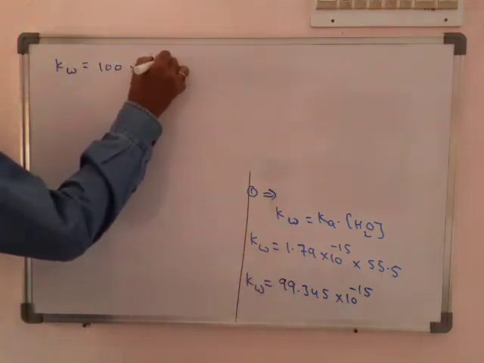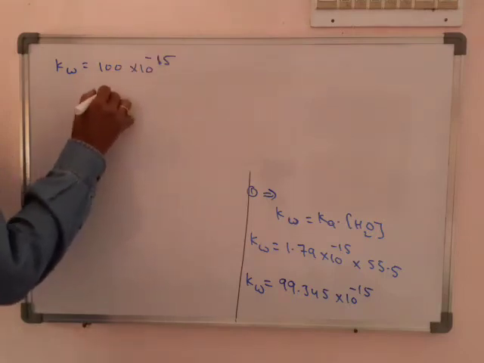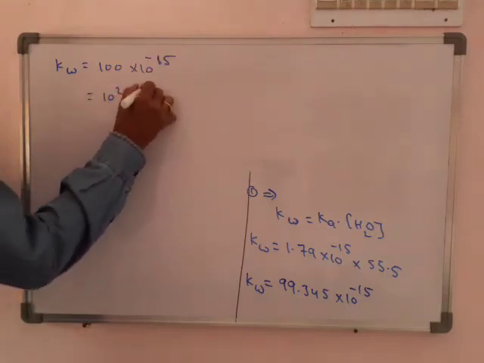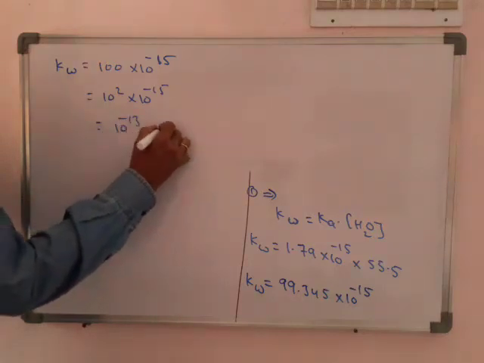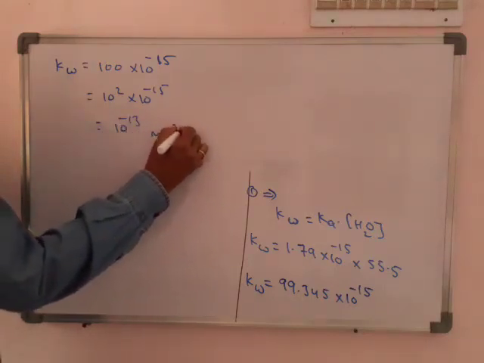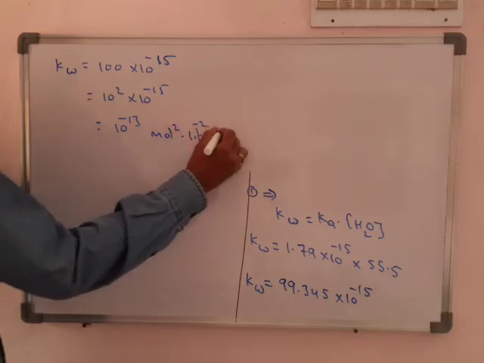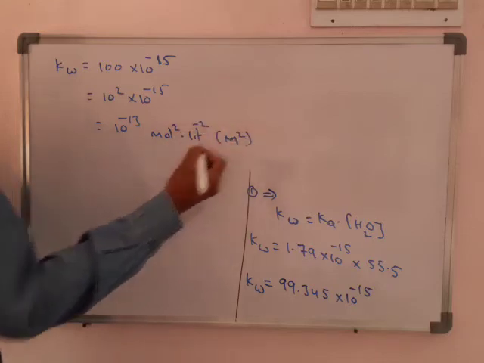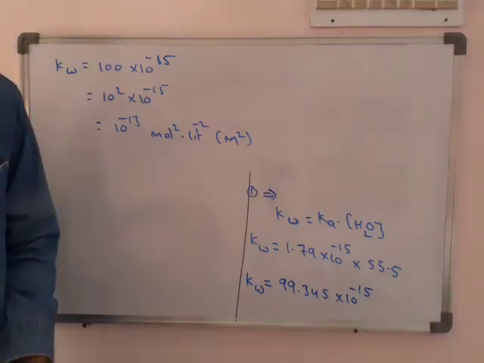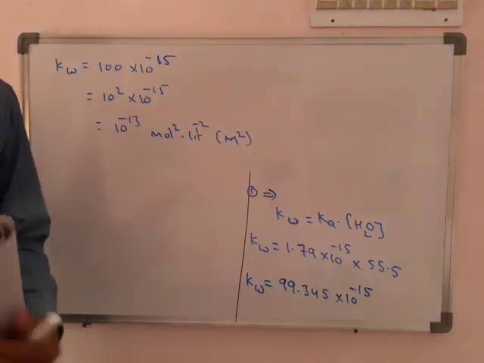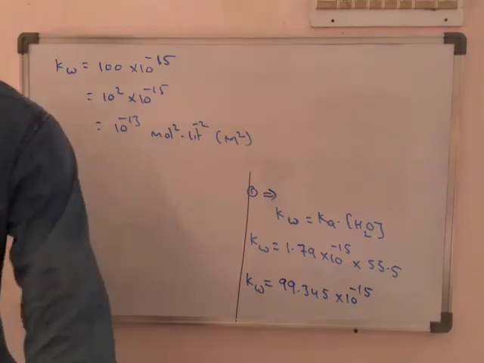Okay. Kw, so there is a mole square per liter square, or we can write molarity square. Okay, so these are the main problems on this. So there is one more problem. It's an important one.